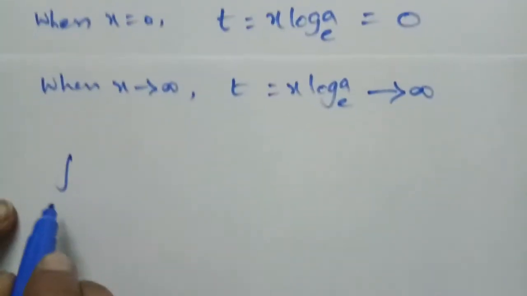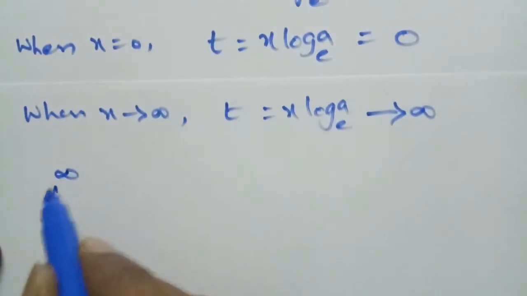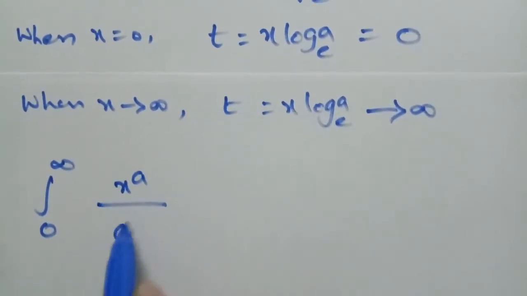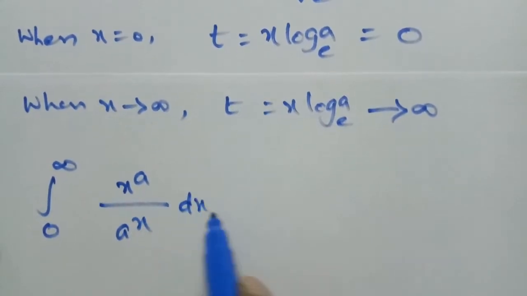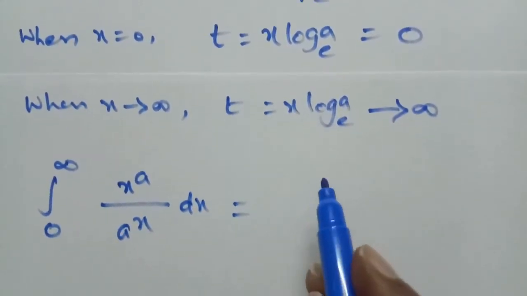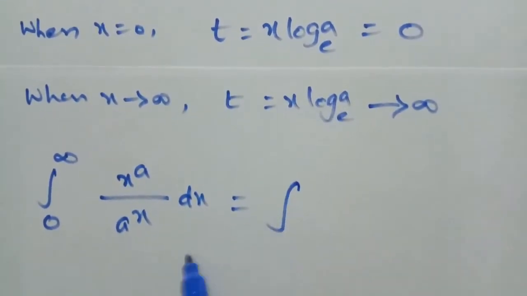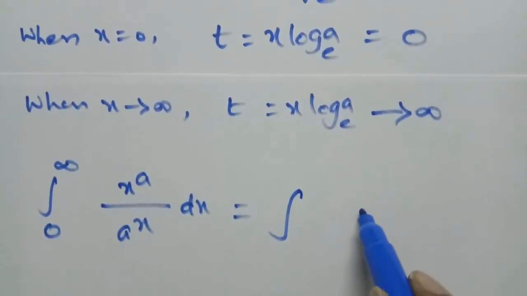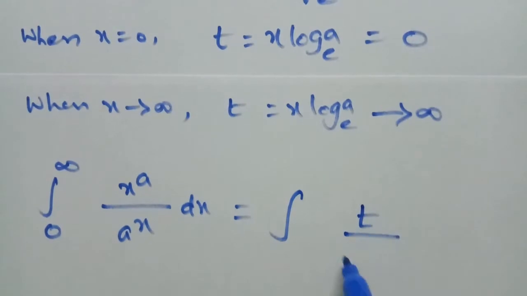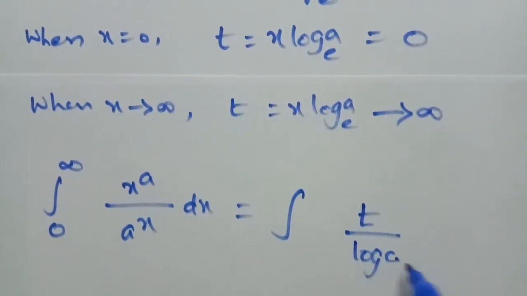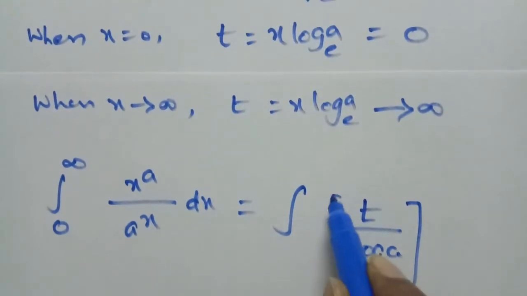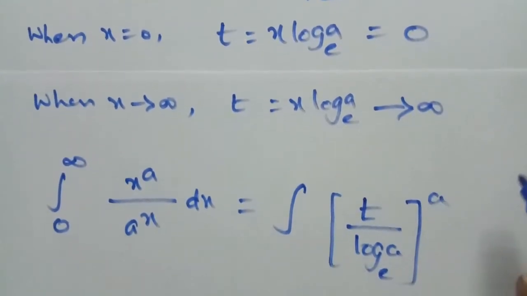Now take the given integration, integral 0 to infinity x power a by a power x into dx. There is no change in the limits. For x power a, x is equal to t by log a base e, the whole to the power of a.